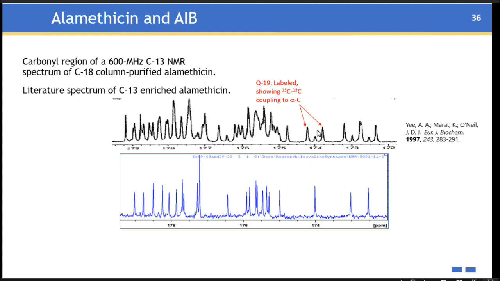Each one of these is surrounded by a doublet, created by the coupling between the carbonyl C13 and the alpha carbon C13. This peptide was produced by growing it in an all C13 medium, and most of the amino acids in there have multiple C13 constituents. So you can see here, these 3, there are sets of doublets. That's the carbonyls of the unlabeled amino acids.